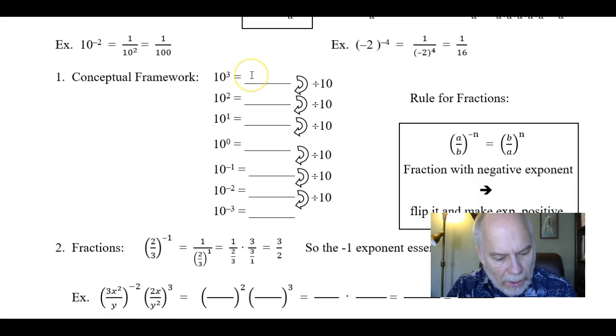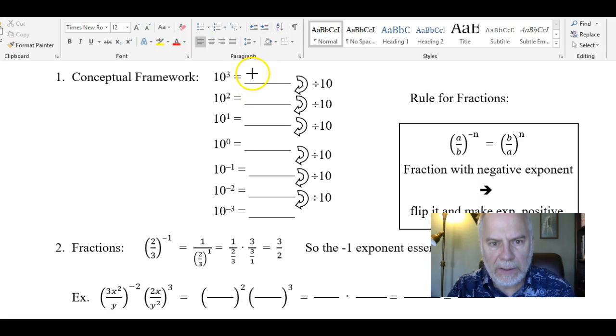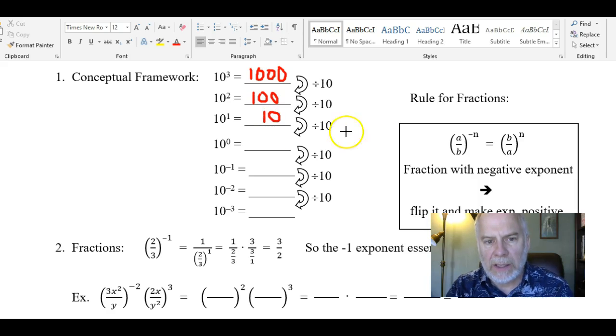Okay, so let me get my tool out. 10 to the third power is 1,000, so I'm going to write 1,000. 10 to the second power is 100. 10 to the first power is just 10. Now, we're going down in powers, 3, 2, 1, 0. But what would the pattern suggest the next number should be?